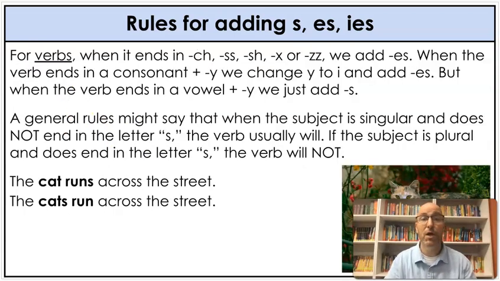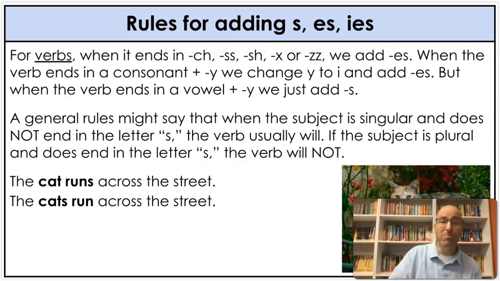Now for verbs, when it ends in CH, SH, SS, X, or ZZ, we add ES. When the verb ends in a consonant plus a Y, we change the Y to I and add ES. But when the verb ends in a vowel plus Y, we just add S. I know, lots of rules.